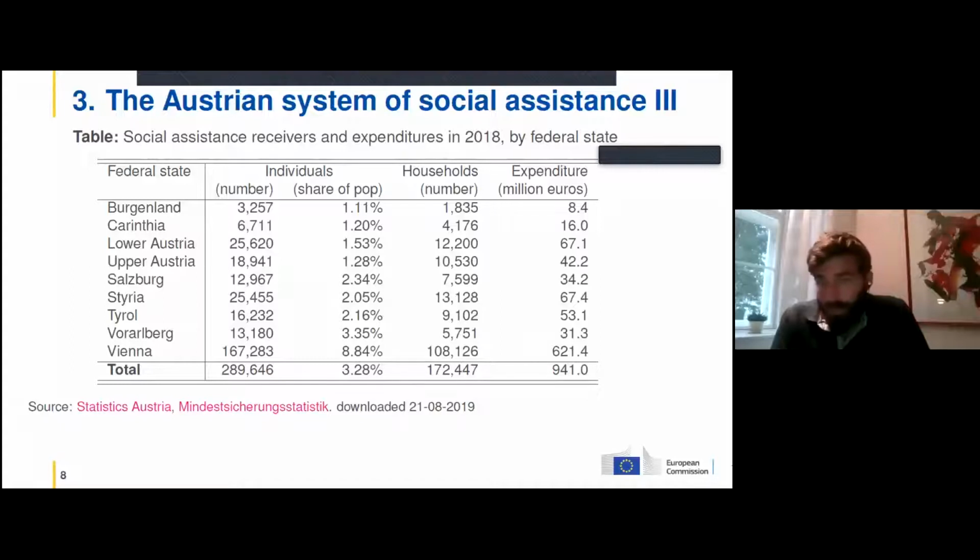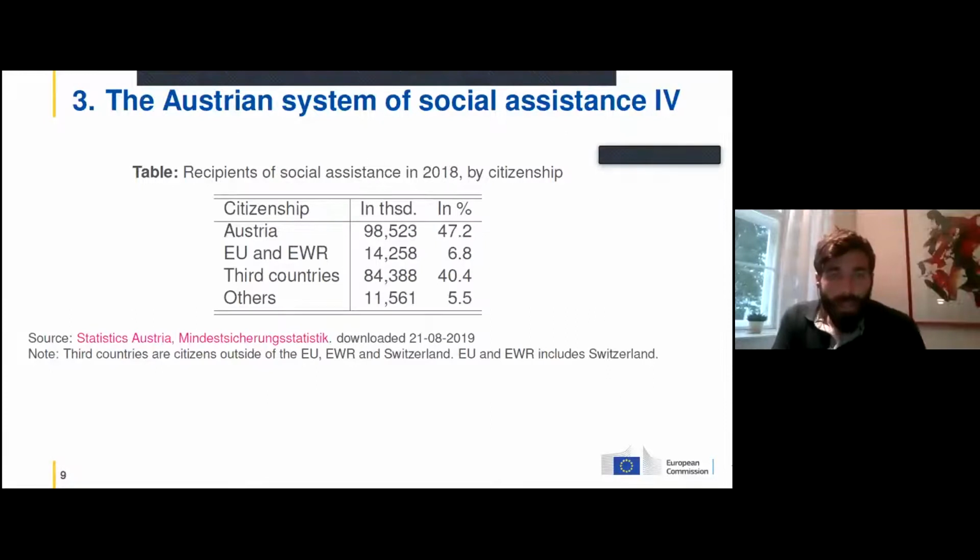And obviously Vienna has the most expenditures related to social assistance because most of the recipients are there. The other interesting thing is that the reform that was implemented was based on language skills, which is quite new. I think there are not many countries that have such a social assistance system.